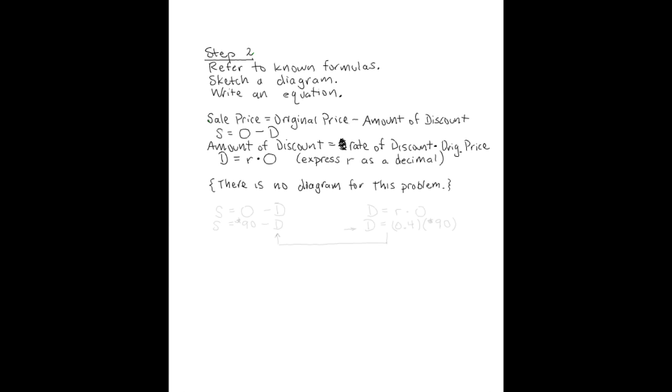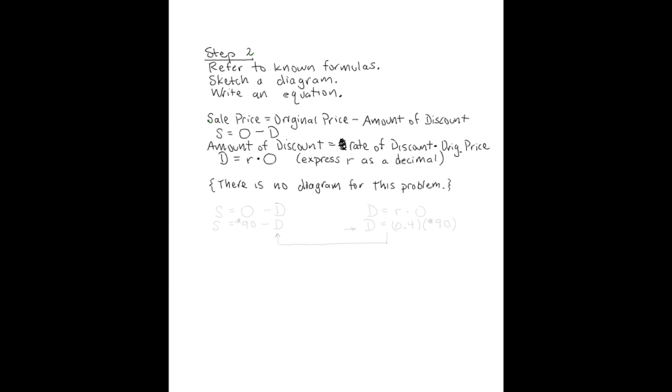The sale price equals the original price minus the amount of discount. Using our variables, that would be S equals O minus D. The other formula is that the amount of discount equals the rate of discount times the original price. Using variables, we write that as D equals r times O.